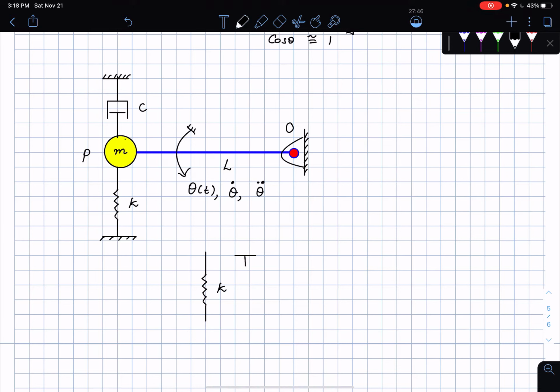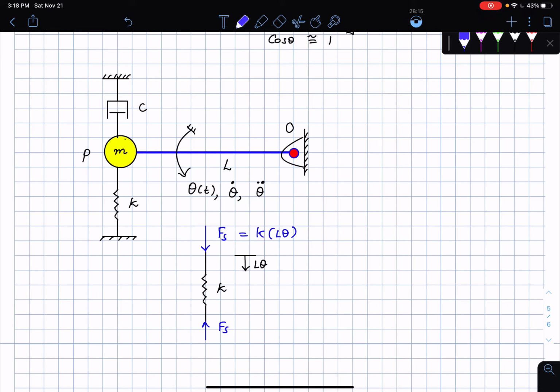This is just going to be a small amount L times theta, which means the spring is going to be compressed by that amount. So the force acting on the spring is going to be a compressive force based upon the direction of the positive displacement that I have assumed. This is going to be Fs, and Fs is going to be K times L theta. That is the deflection of the spring.